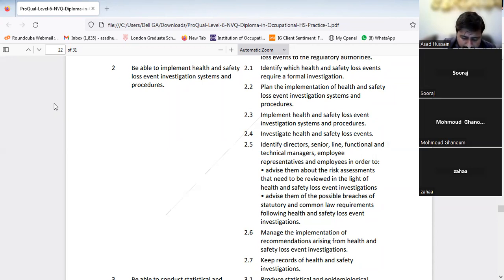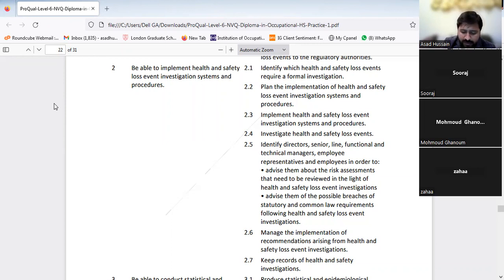So here it is asking about what I have just explained: after the investigation, to stop the recurrence, to stop the same type of accidents happening again, on the basis of that investigation's outcome, we have some suggestions, some recommendations, some corrective actions or remedial actions or provision of some actions advised to the management.